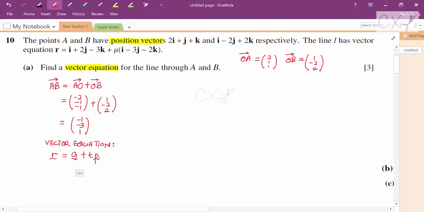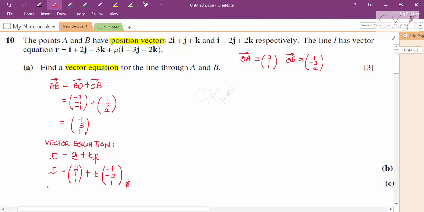Where the a is the passing point of the line and the p is the direction of the line. For the passing point, you can use either point A or point B. For me, I'm using point A, which is OA. OA is 2, 1, 1, plus t, and then p will be the direction of the line. The direction of the line that we found out just now is AB, right? So we are having negative 1, negative 3, and also 1.